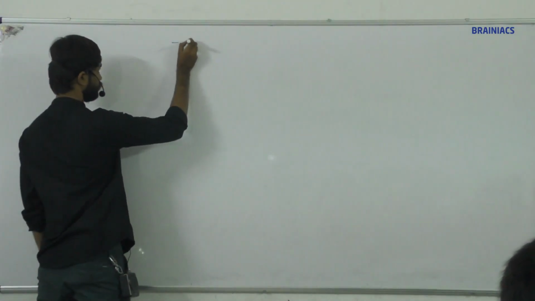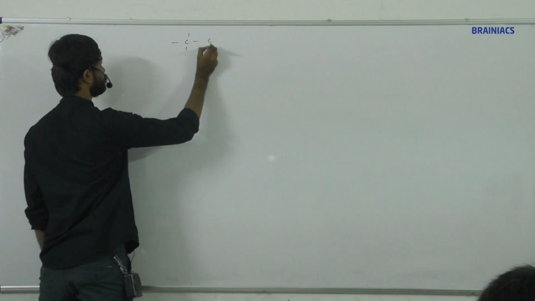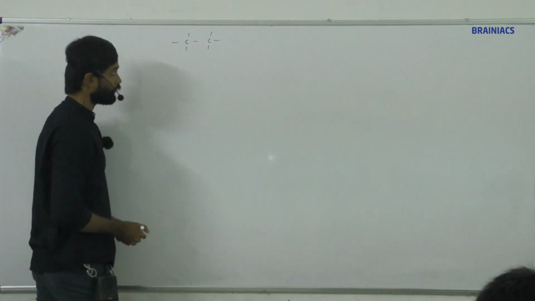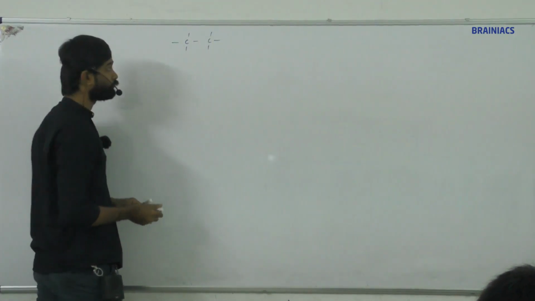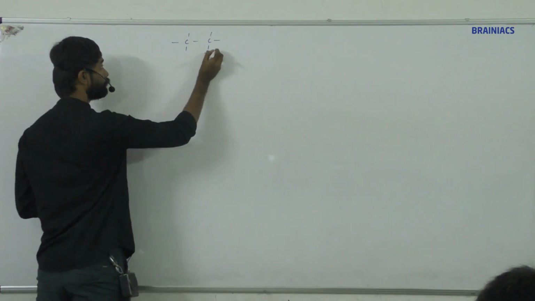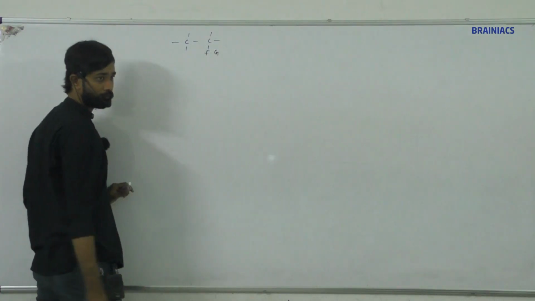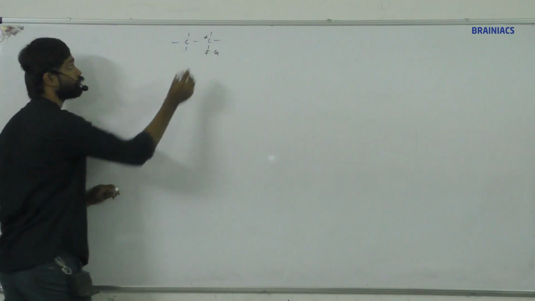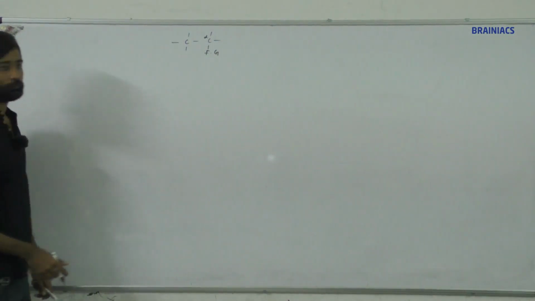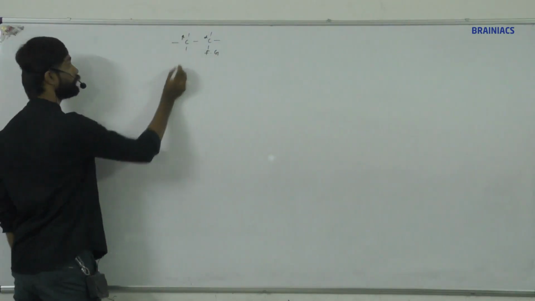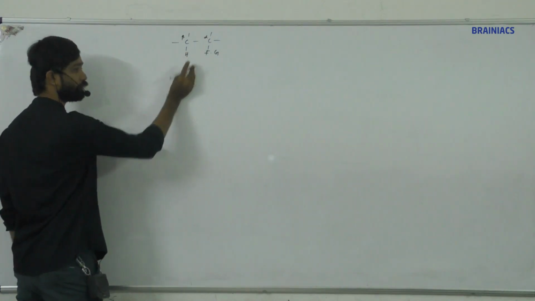The general logic of this reaction is we are given a saturated compound where there is a functional group on a particular carbon. Let that carbon where the functional group is attached be said to be alpha, and the nearest carbon is said to be beta, where we have hydrogen.